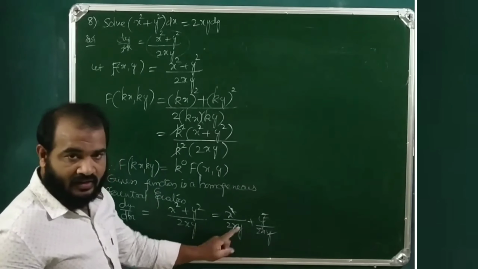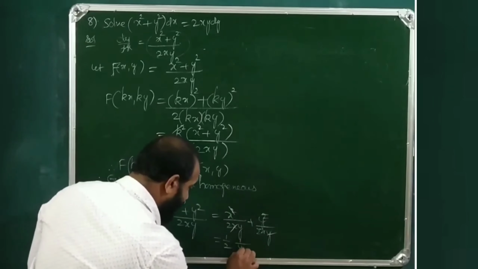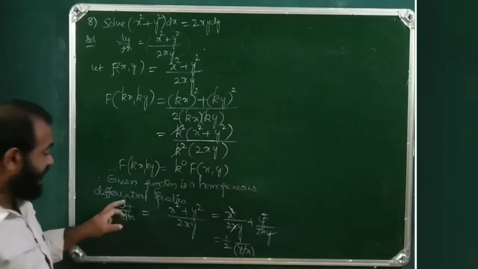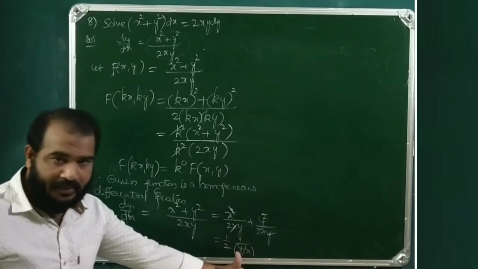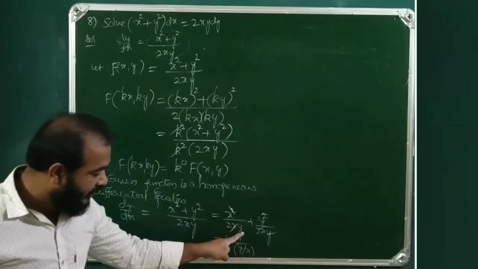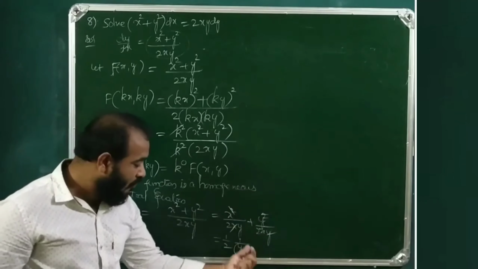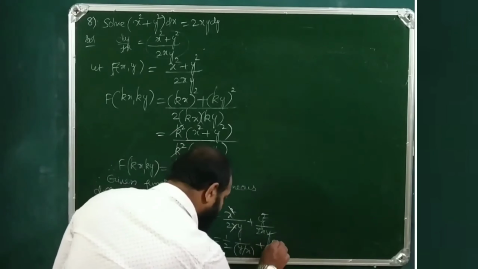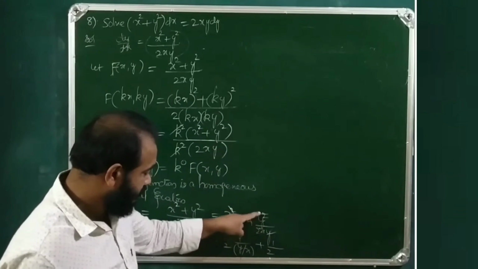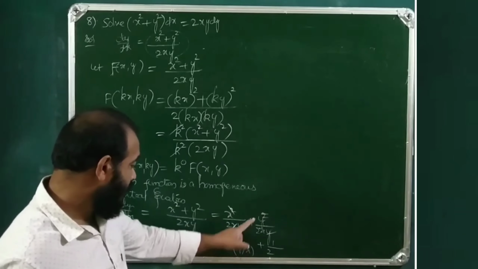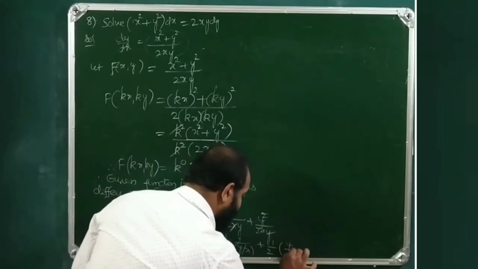Since this is x by y, we can write x by y as 1 by y by x. Because this is dy by dx, I have to express this as f of y by x. So 1 by 2 into 1 by y by x plus 1 by 2 into y by x.